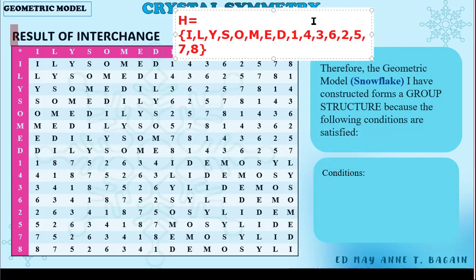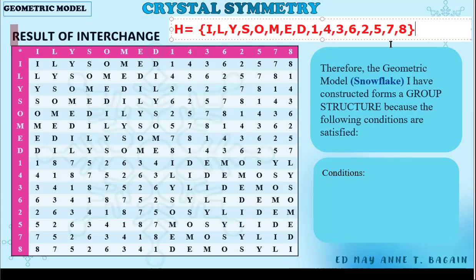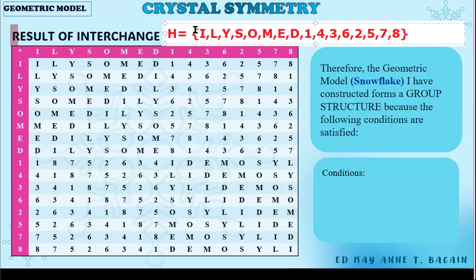The group H, therefore, the geometric table snowflake, which has 16 symmetries or elements, forms a group structure because the following conditions are satisfied.